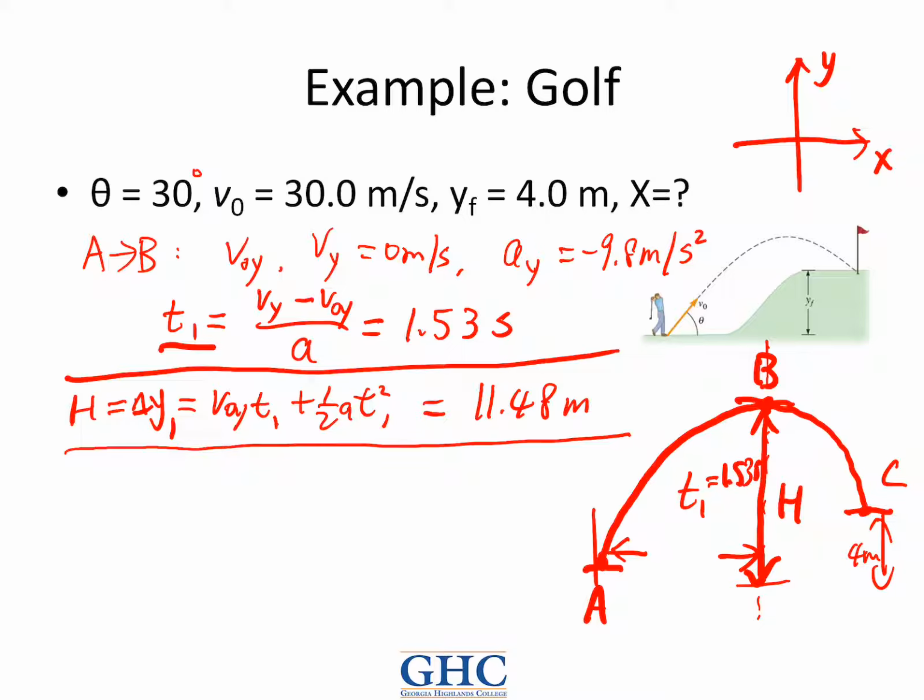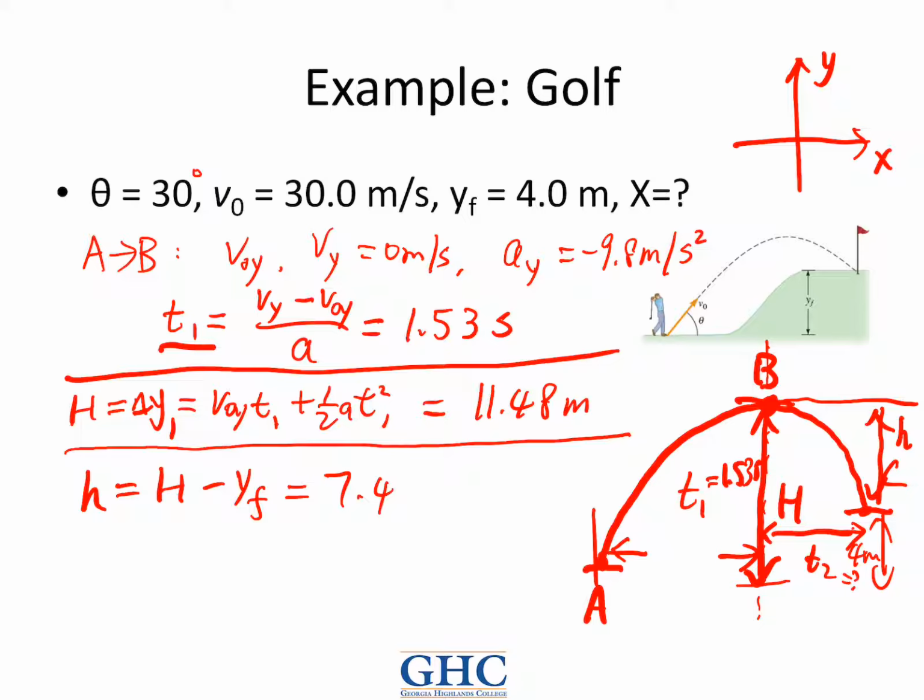So then we want to find out the time it takes for the golf ball to fly from B to C. Now, after we find capital H, we should be able to find the vertical distance between B and C. Let's call it lowercase h. It should be capital H subtract this y final, which should give me 7.48 meters.